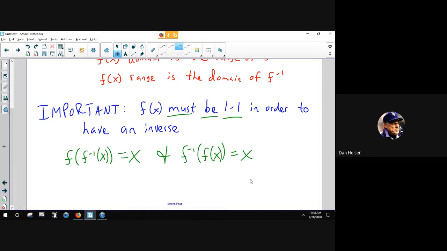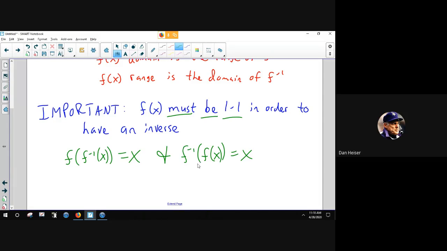Adding and subtracting are inverses. If I add 7 and I immediately subtract 7, I'm right back where I started. Multiply by a number, divide by the same number. They cancel each other out. A function and its inverse will cancel each other out when you compose them, and you are left with whatever you plugged in.